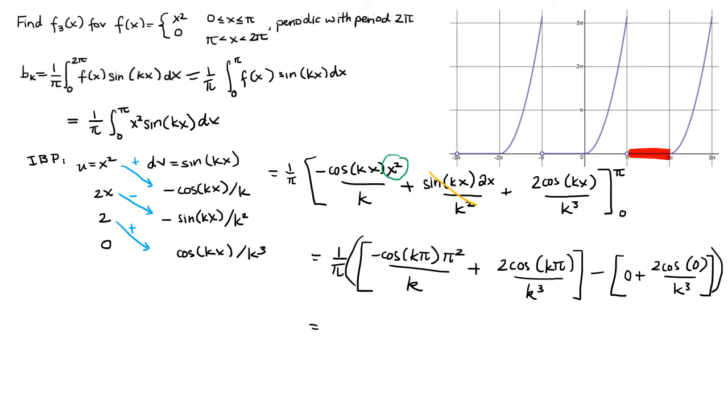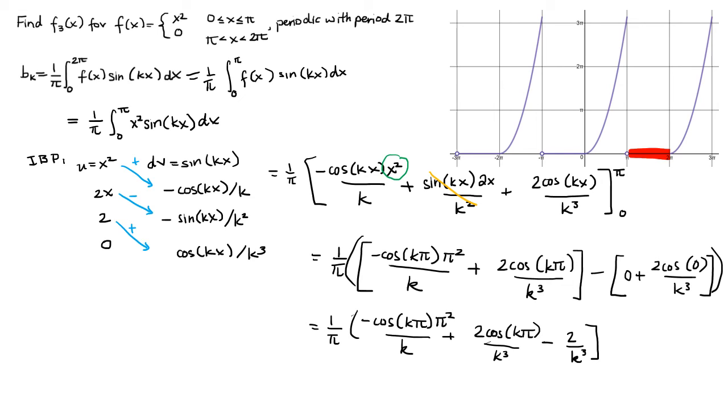Okay, so this simplifies down to 1 over pi times negative cosine of k pi times pi squared over k plus 2 cosine of k pi over k cubed minus 2 over k cubed.